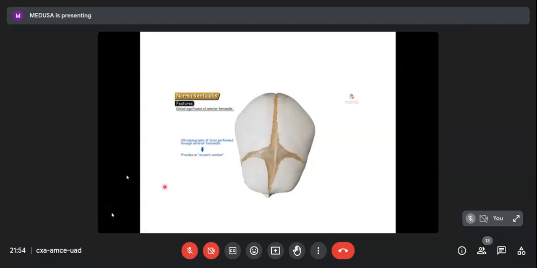And who are those physicians? Those that do ultrasonography of the brain. So ultrasonography of the brain is, in most cases, done on the anterior fontanelle of the baby.